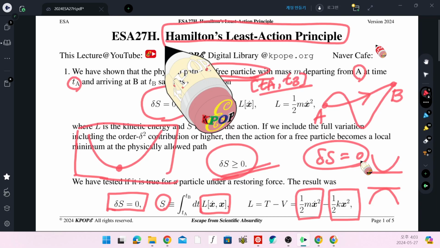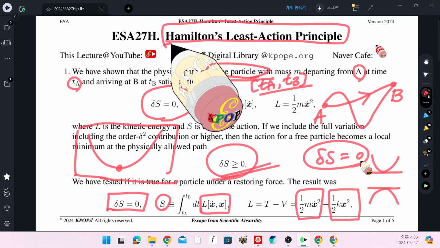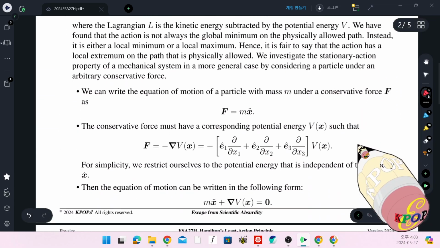However, we can be a little bit conservative to state that the action has an extremum along the physical path. All right.